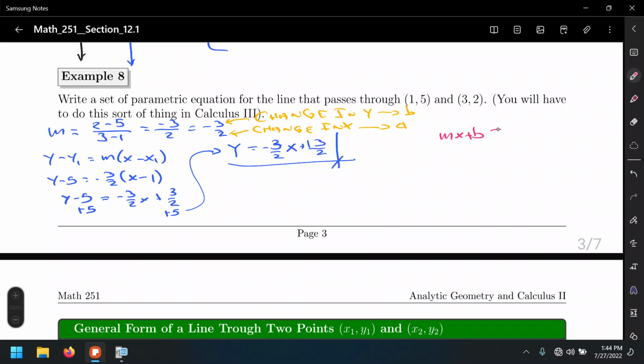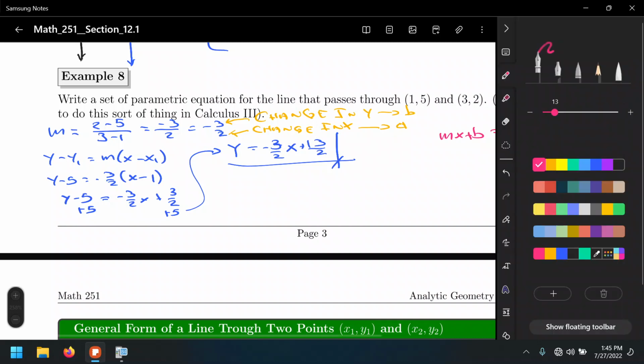It is represented by x equals at plus x1, and y equals bt plus y1, where in this case, think of the slope as split into the x and the y parts. So that's what we are going to incorporate here. In this case, we have negative 3/2 x plus 13/2, using the formula.